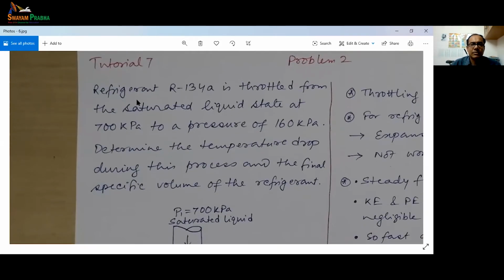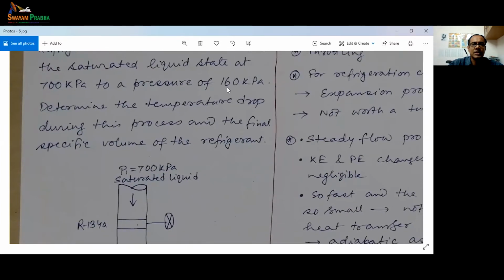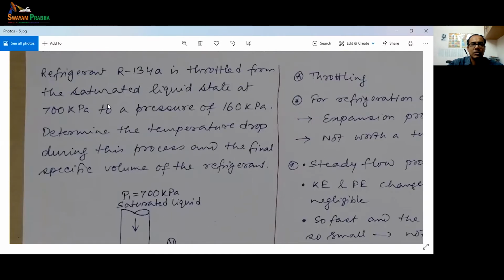Refrigerant R134A is throttled from the saturated liquid state. I'll come to what we mean by throttled in detail, but let me just read it out first. Throttled from the saturated liquid state at 700 kPa to a pressure of 160 kPa. So just from this statement you can see throttling is reducing the pressure.